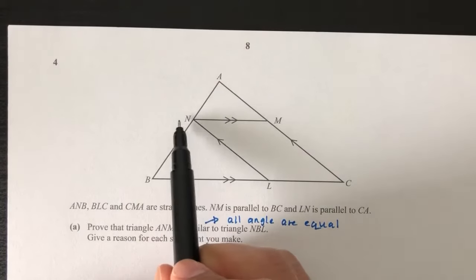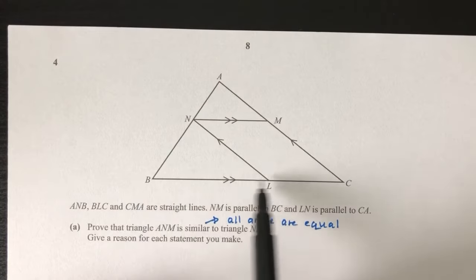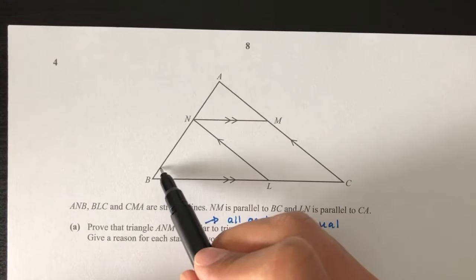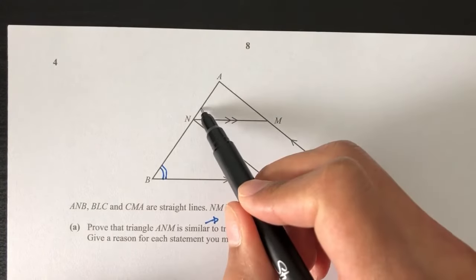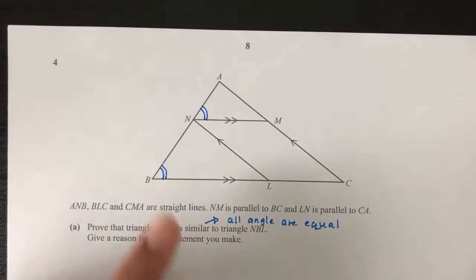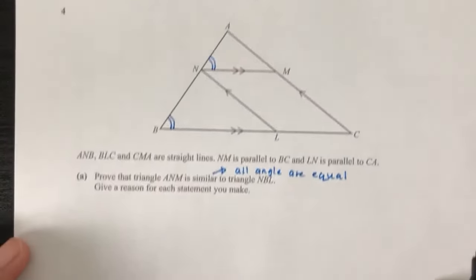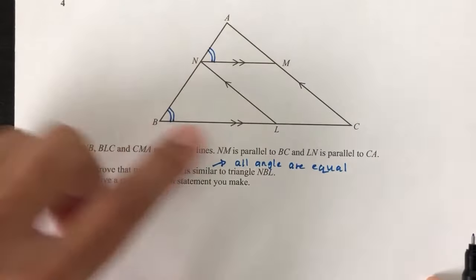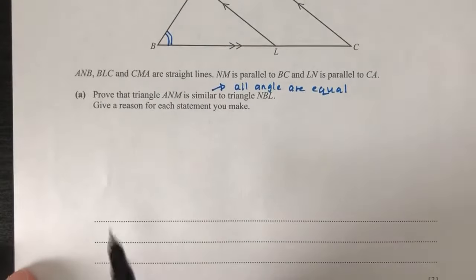Since this line is in the same direction as this line, they are joined by the same straight line. It means that this angle here is equal to this angle here. That's our first point. First point is angle ANM is equal to angle NBL. So let's write this down.